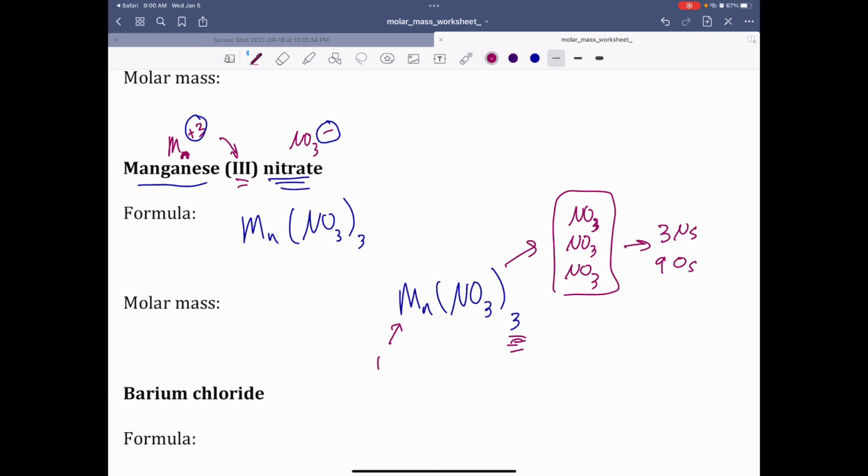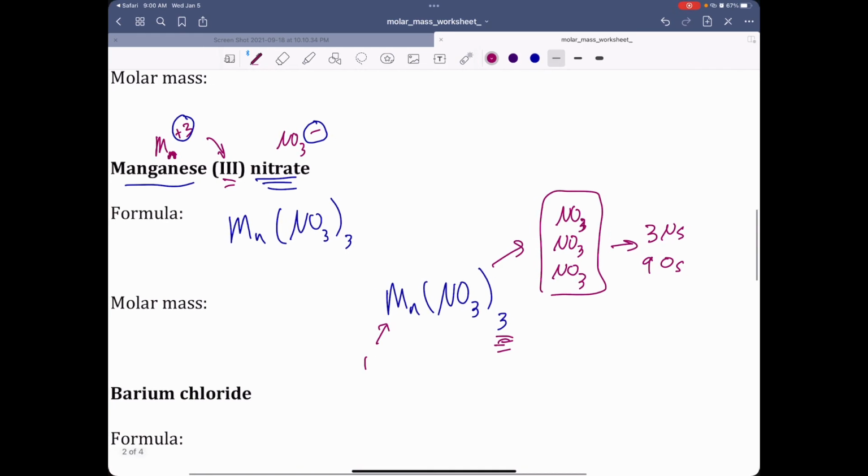So again, there are a lot of ways you could organize your math, but this is the way I'm going to do it. The molar mass of manganese, if you find it on the periodic table, is atomic number 25, so it's 54.94. This here is 54.94.